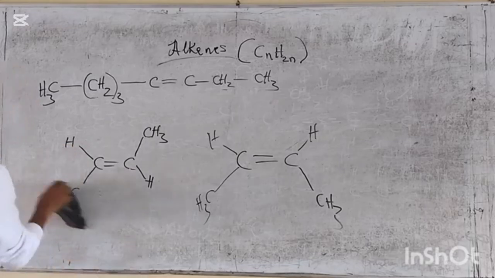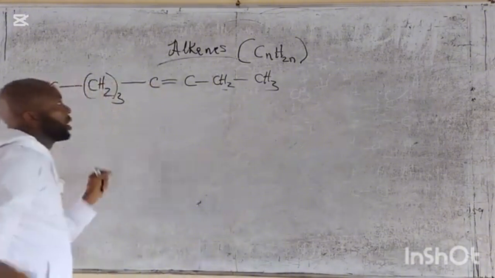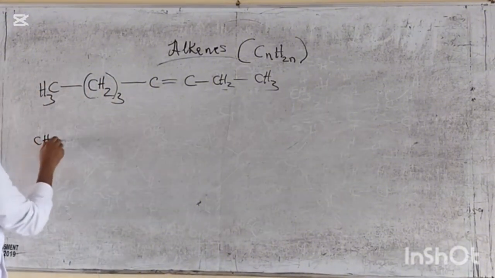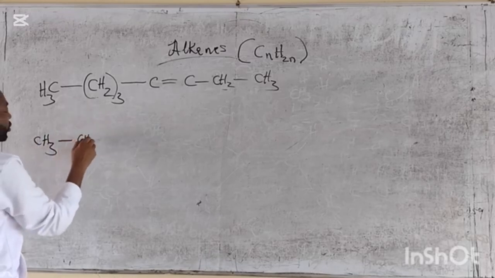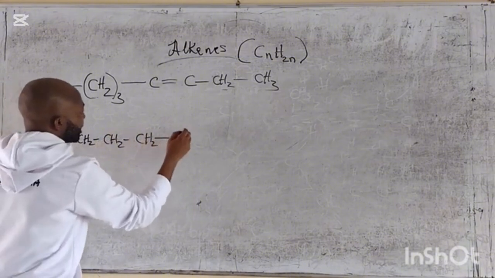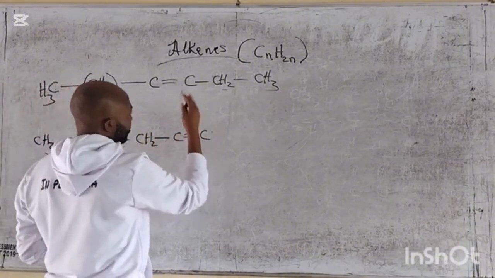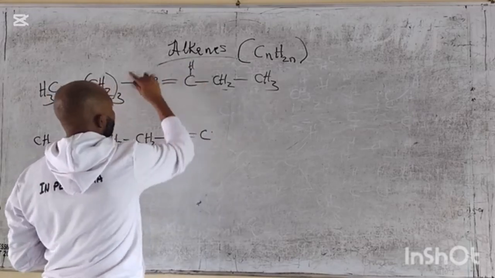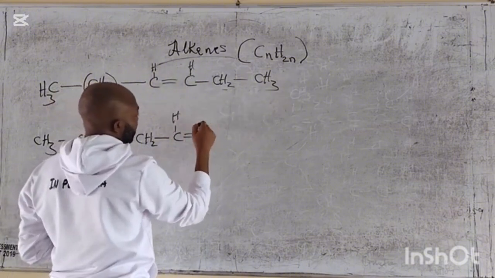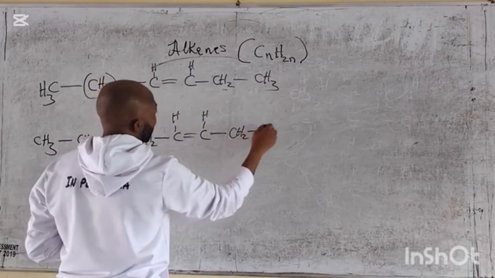Let me take this one out. This is CH3 here, CH2 in 3 places, CH2 1, CH2 2, CH2 3. I have my C, I have my double bond, I have my C. Okay, I didn't put the hydrogen, sorry, hydrogen here. So there is hydrogen here. There is hydrogen here too, then CH2 and CH3.